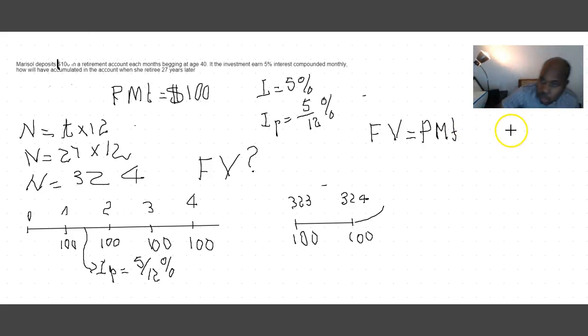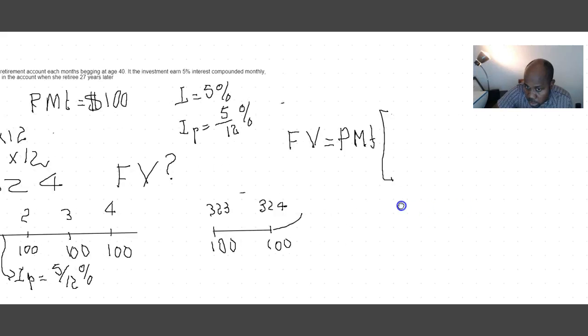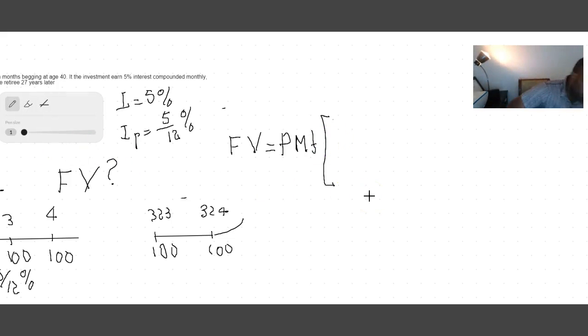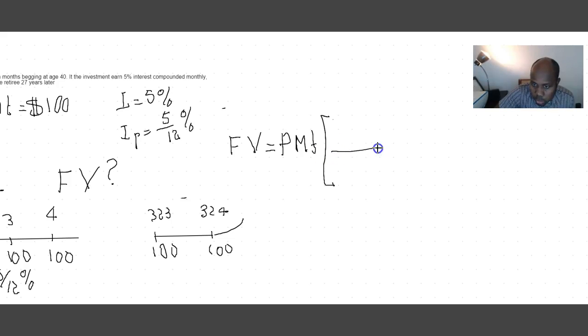Let me put payment times 1 plus the interest divided by 12, which means the interest per period.